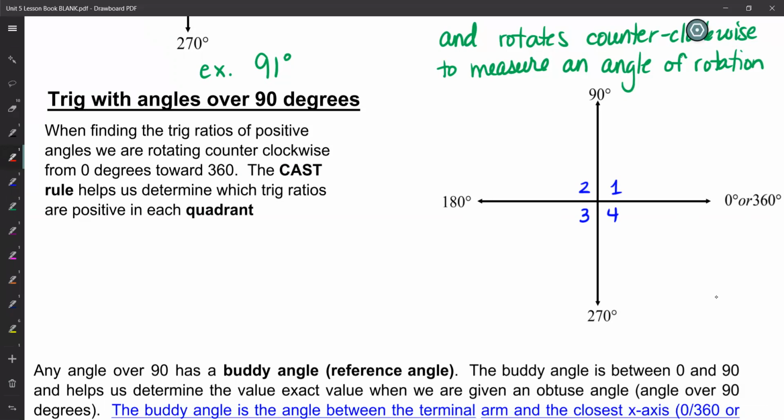And the CAST rule is sort of like an acronym that helps us remember which trig ratios are positive in which quadrants. So we start the CAST rule in the fourth quadrant and work our way counterclockwise, spelling the word CAST, C-A-S-T.